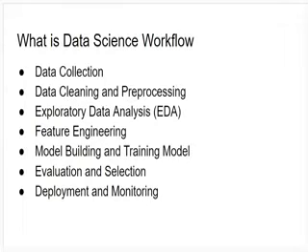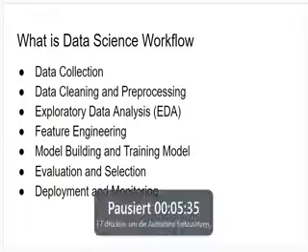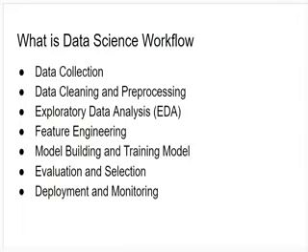The next stage is called evaluation and selection. Evaluation and selection is the process in which you see the performance of the model that was created using this algorithm in the previous step. What was the accuracy, what was the precision of this model. There are different metrics in data science that are used to evaluate our trained model.